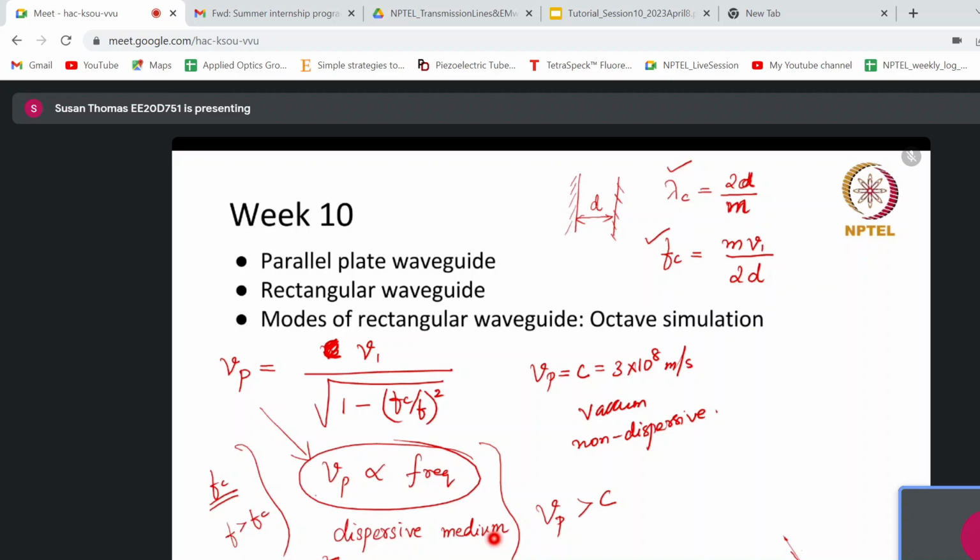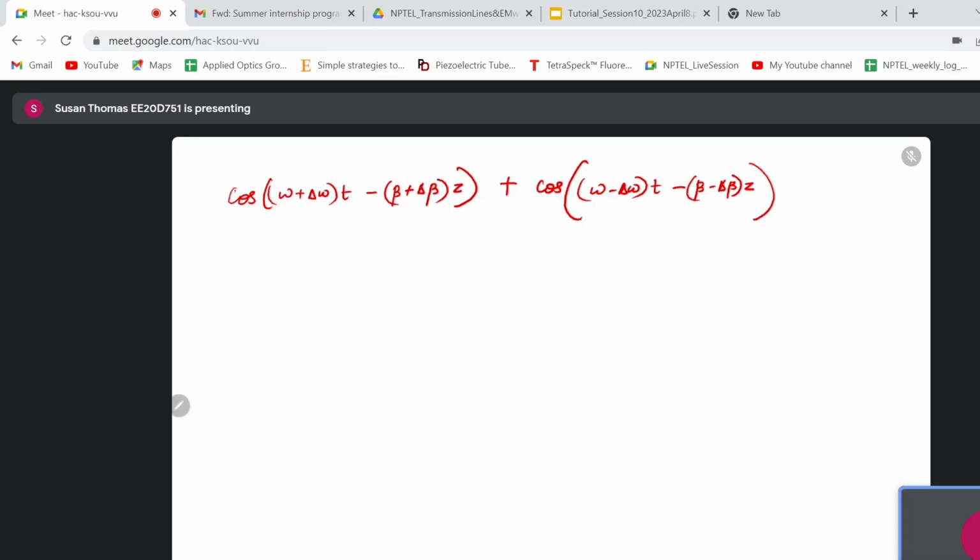We represent them generally in the form: cos of (omega plus delta omega)t minus (beta plus delta beta)z, plus cos of (omega minus delta omega)t minus (beta minus delta beta)z.